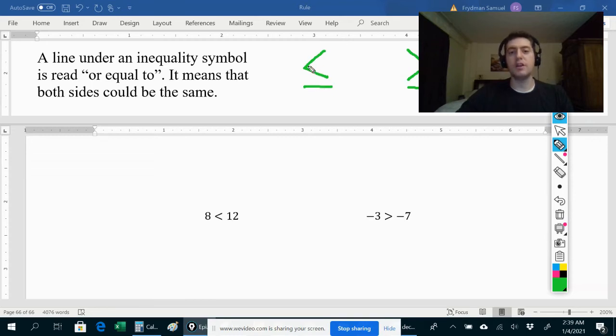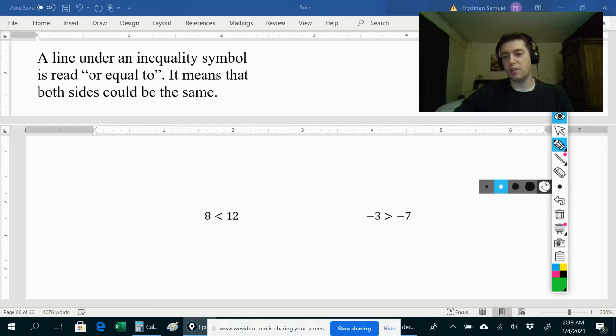For this one, if I'm reading it from left to right, I would say something is less than or equal to something. Or reading it from right to left, I would say something is greater than or equal to something. Okay, and similar for this one. From left to right, something is greater than or equal to something. Or from right to left, something is less than or equal to something.